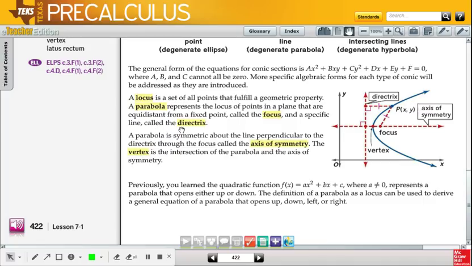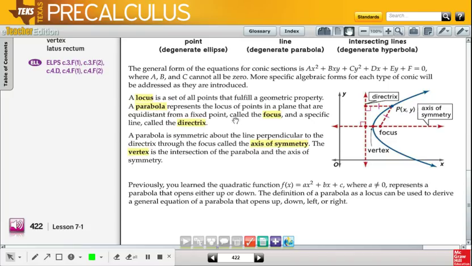Now, to put locus in layman's terms, it is basically points that you plug in, like x values to get y values, or y values to get x values. And basically you plot the points.